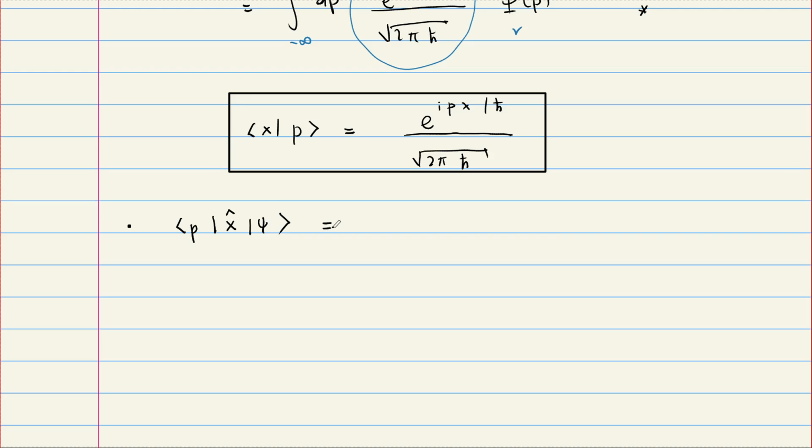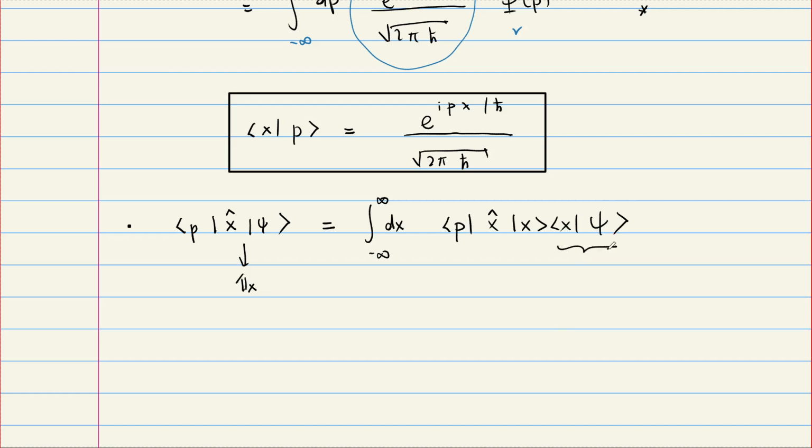Then this is going to be equal to, let's put unity here. So this is 1, p. But because I am going to operate with x, it's actually better to do the x unity. Then this is going to be the integral dx from minus infinity to plus infinity. This is p, this is the x operator, this is x, and this is psi.